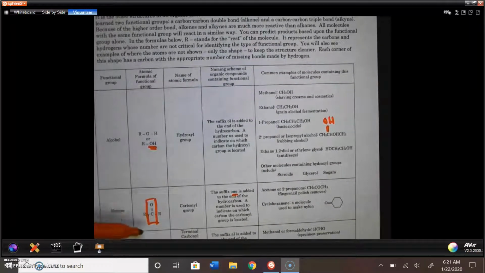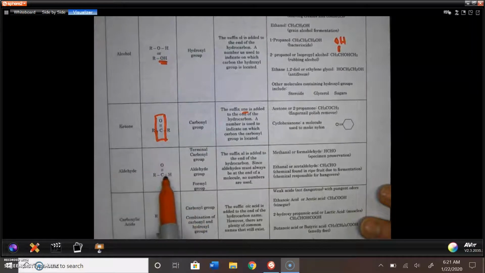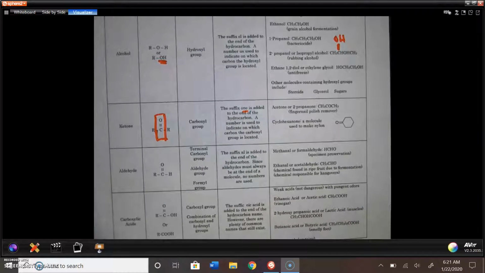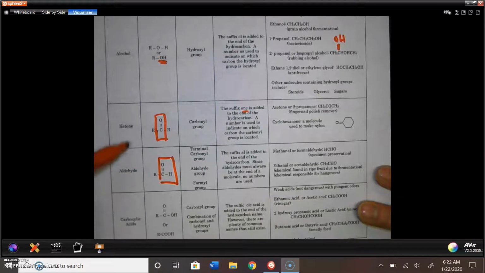Okay, so ketones, center functional group. You never see a ketone on the end because if you see a carbon double bonded oxygen on the end, if that carbon is not bonded to two other carbons, if it's bonded to a hydrogen, it becomes an aldehyde. Okay, so ketones and aldehydes look very similar.